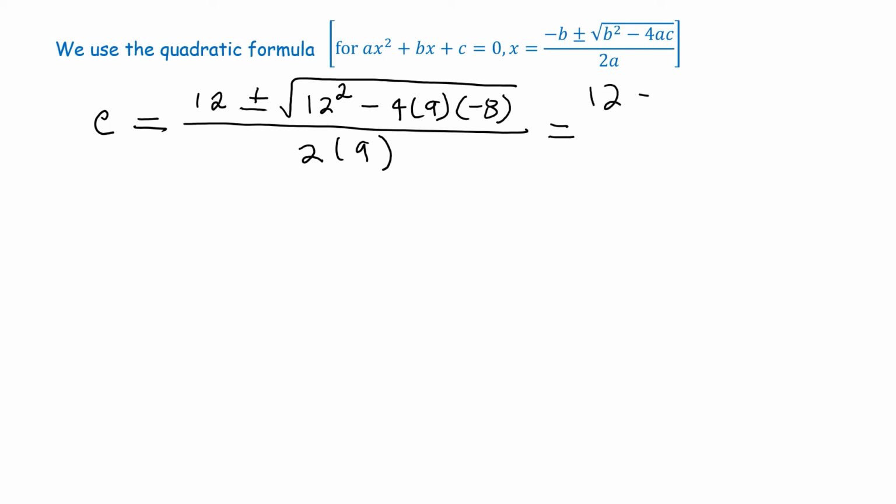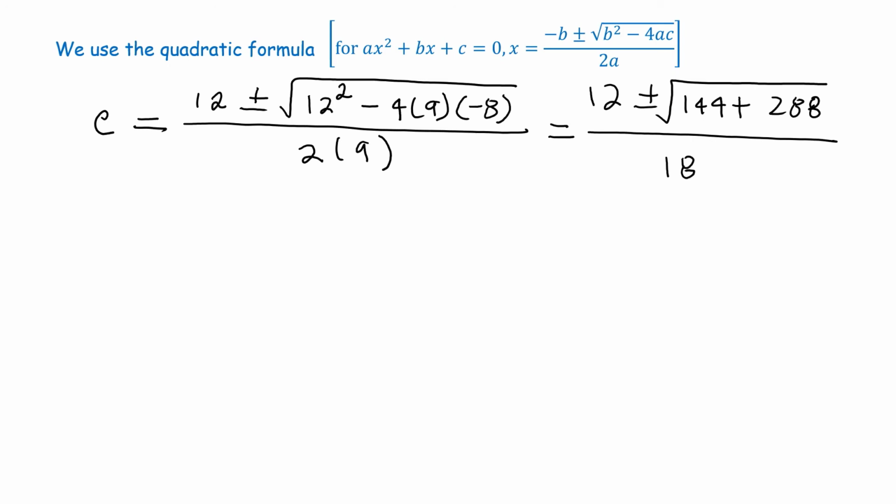This is equal to 12 plus or minus the square root of 12 squared, which is 144. The product of 4, 9, and 8 is 288. You have a minus negative, which gives you positive, and all of this is divided by 18. Simplify it, and you get that c is equal to 2 plus or minus 2 times the square root of 3, divided by 3.